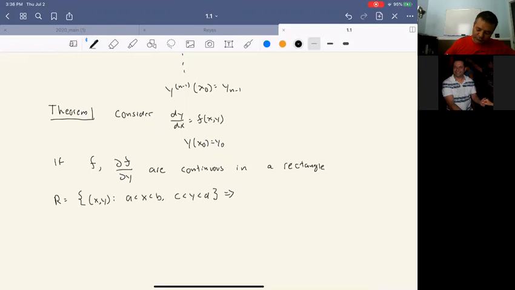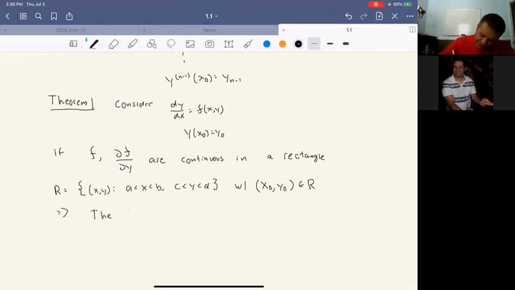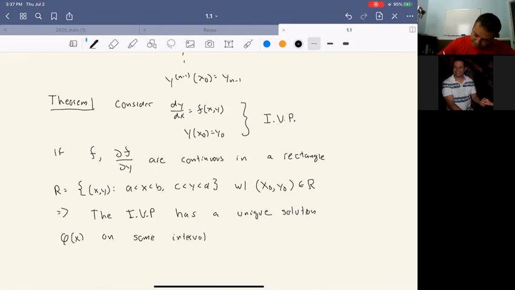then, sorry, with x0, y0 being in our rectangle, then the initial value problem, that's this thing, has a unique solution phi of x, let's say, on some interval x0 minus delta to x0 plus delta, where delta is just some number bigger than 0.